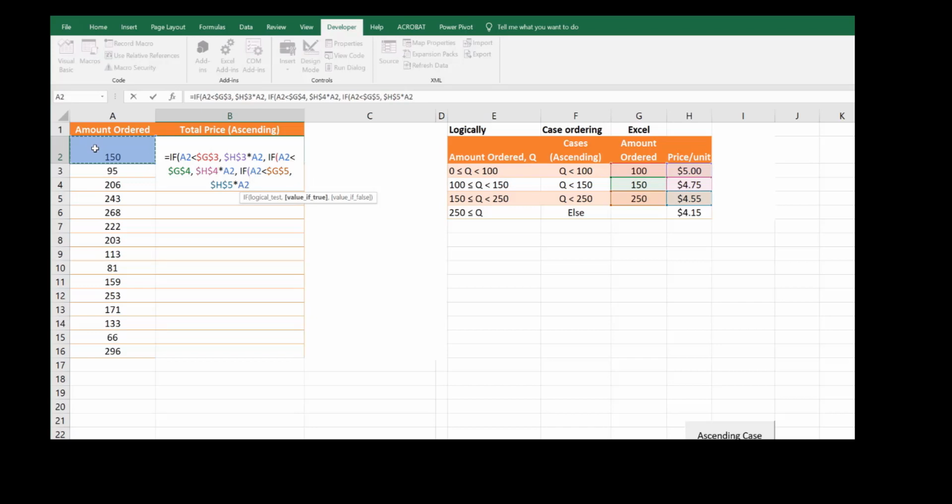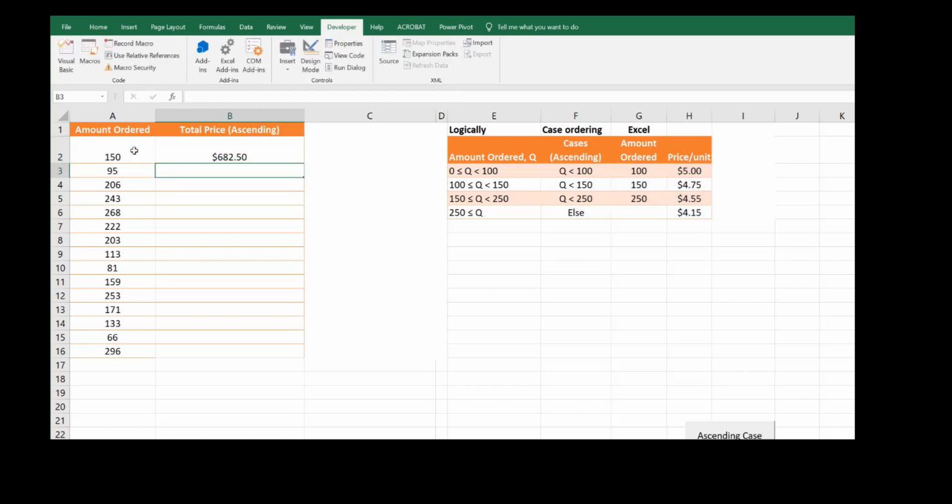And if it's not less than this third threshold, it must mean that it's greater than or equal to 250, and we will charge 415 per unit, which is in H16 and needs to be locked, times the amount ordered in A2. And then we need to close all of the parentheses, and note the color coding in the parentheses to help us out.